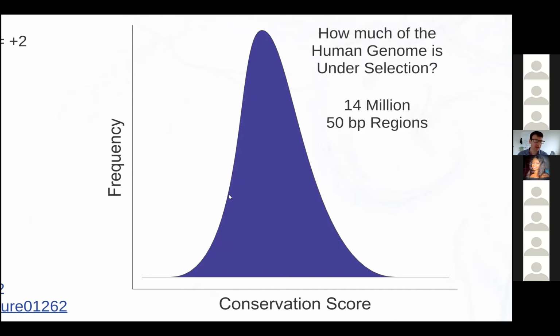What you can also notice is it's skewed a little bit to the left. And they, I think, correctly said that this is likely because there's some region that's under neutral evolution, which is defining the main peak. And then there's a smaller set of genes under selection that are more conserved than you'd expect by chance.